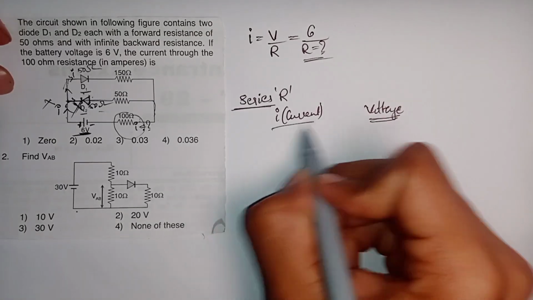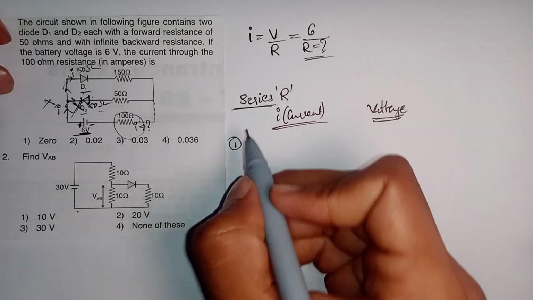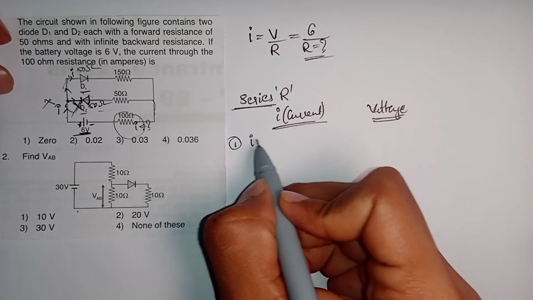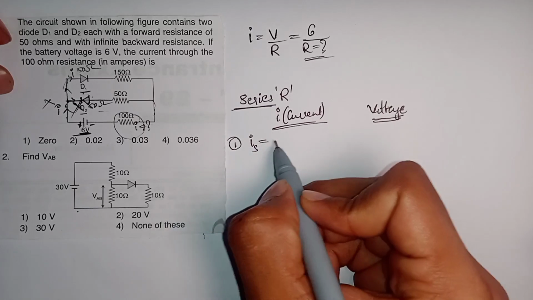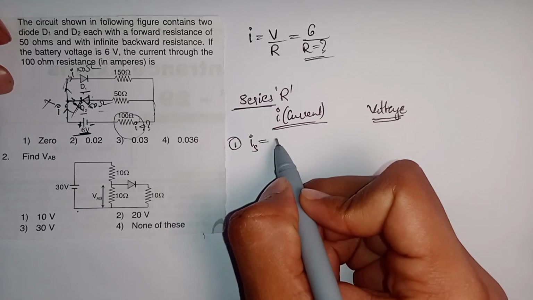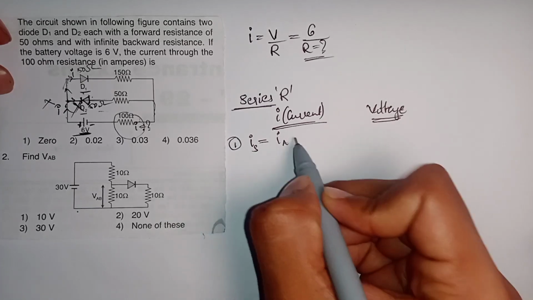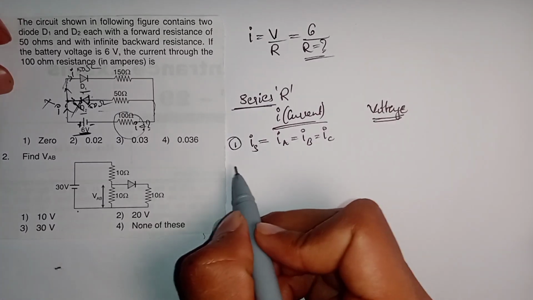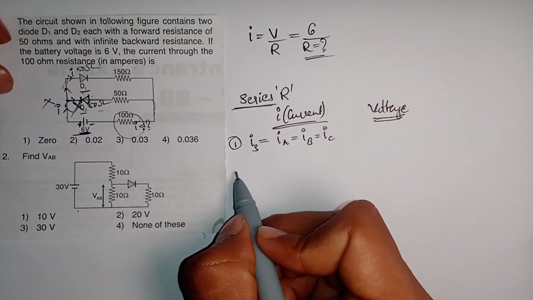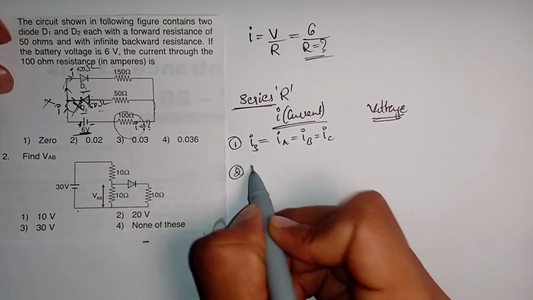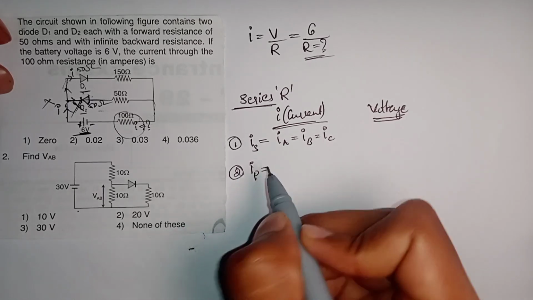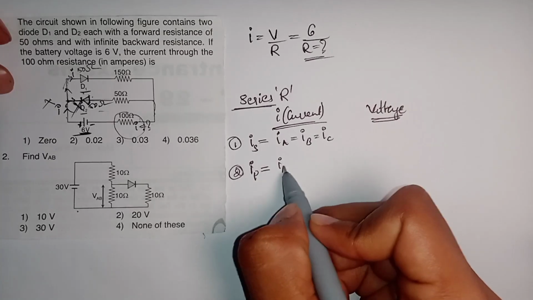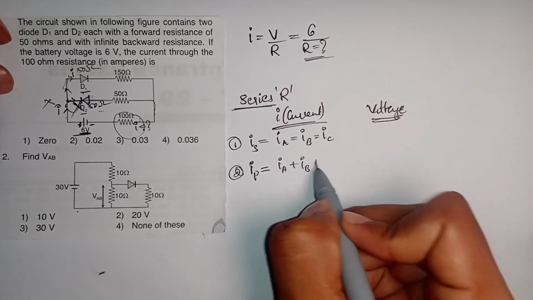Two cases I will be discussing now. For current in series, the current is always equal, that is IA equals IB equals IC; the total current is the same throughout the circuit. In parallel, the currents get added, IA plus IB plus IC.